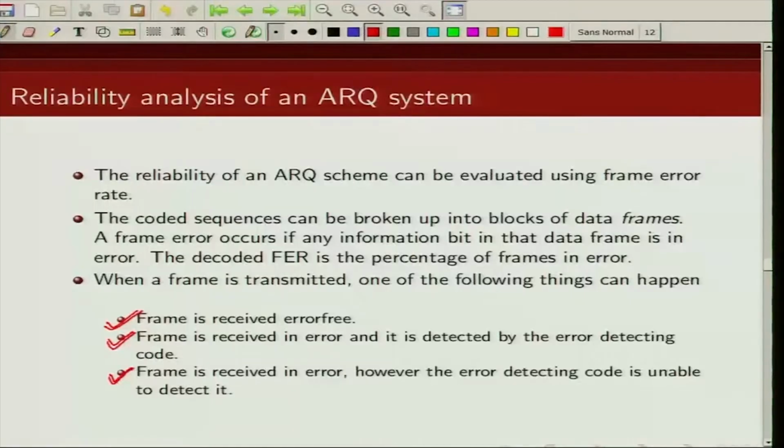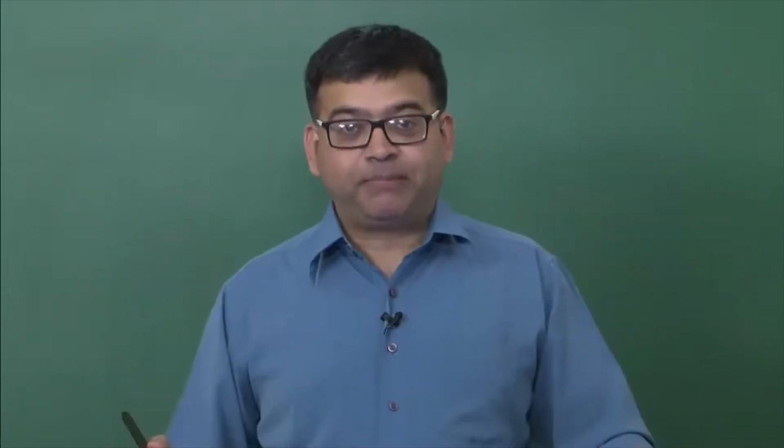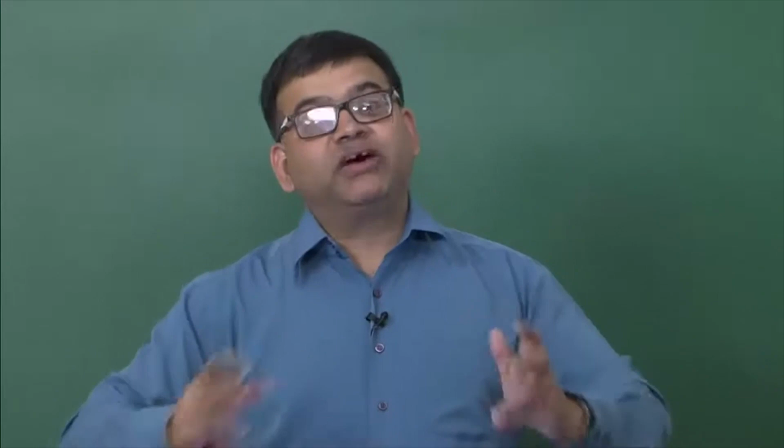And the third option is the frame is received in error, however the error detecting code that we use is unable to detect that error. When does this situation happen? We say that an undetected error has happened if the transmitted code word gets transformed into some other code word.